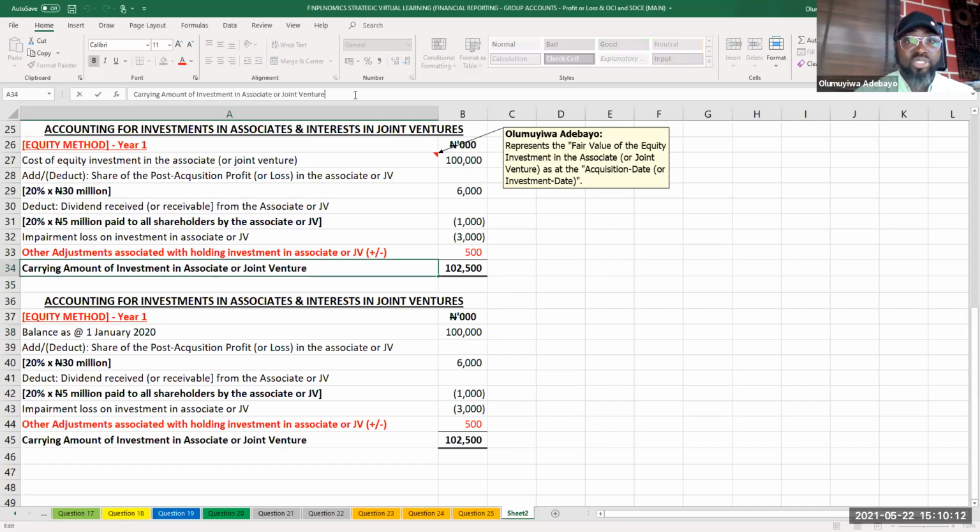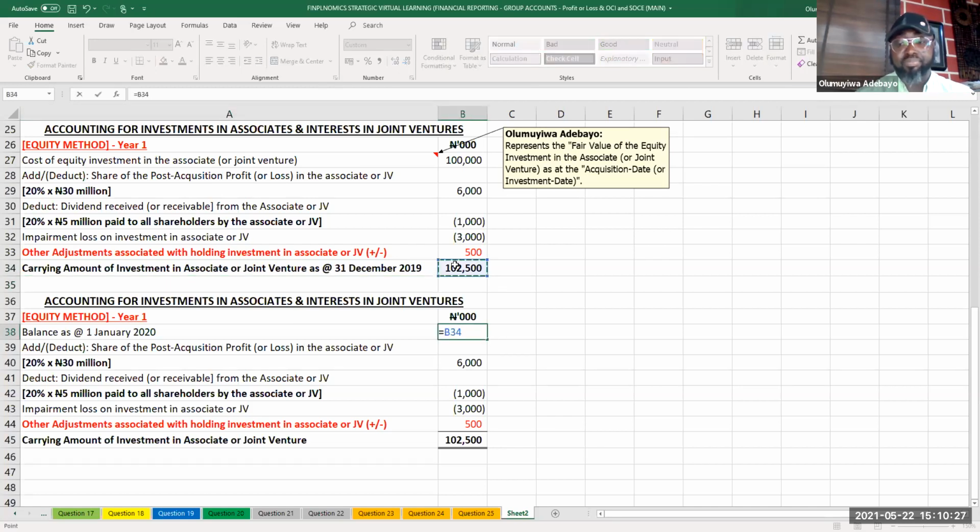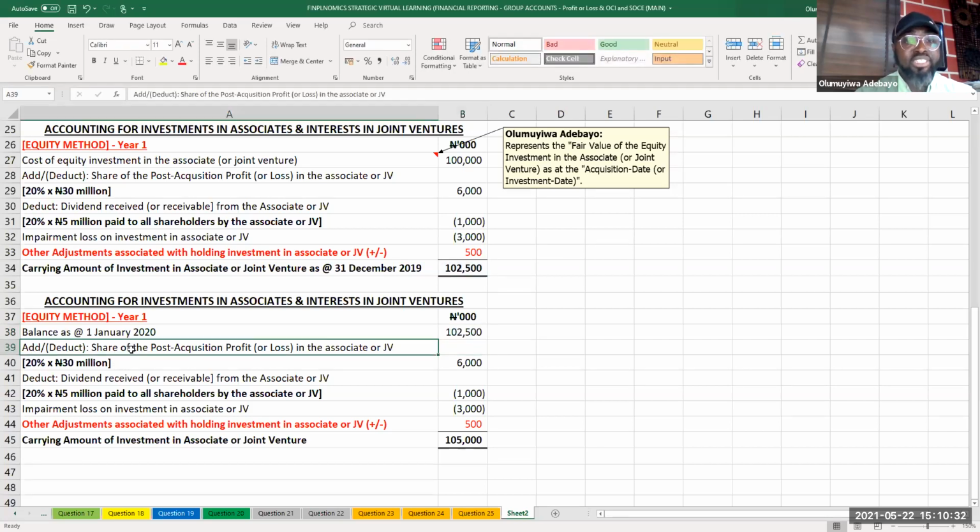Let me put this one as 2019. Therefore, it will be the closing balance for last year plus share of, you don't need to be emphasizing post here because in the current year, everything is post. You now say share of profit or loss, which means the current year profit or loss is what you share.